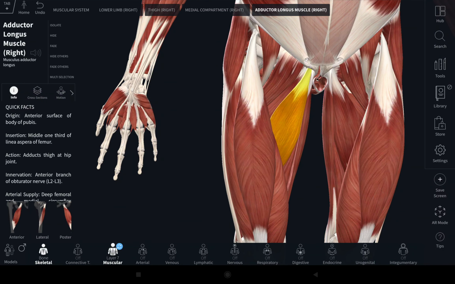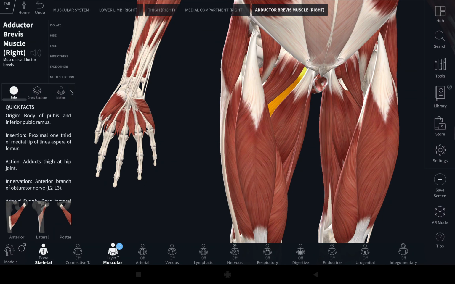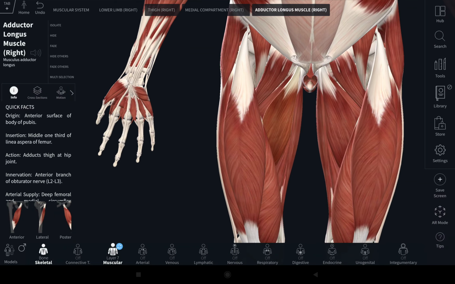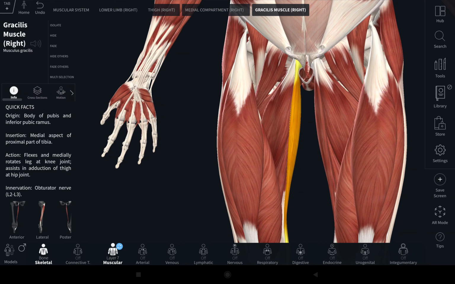So there are two types of adductor muscle. One is long and another is short. The short adductor muscle is called the adductor brevis muscle, and the long adductor muscle is called the adductor longus muscle. Medial to the adductor longus muscle there is a muscle which is called the gracilis muscle.